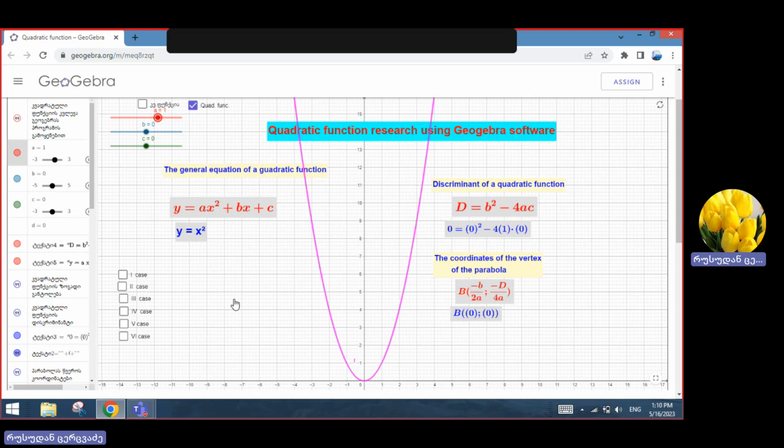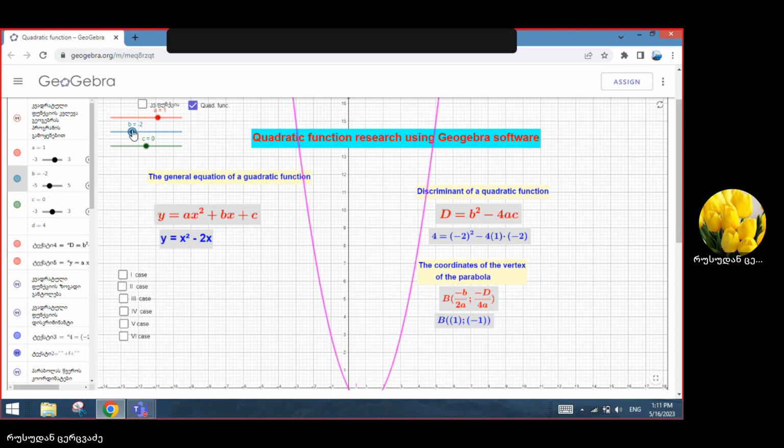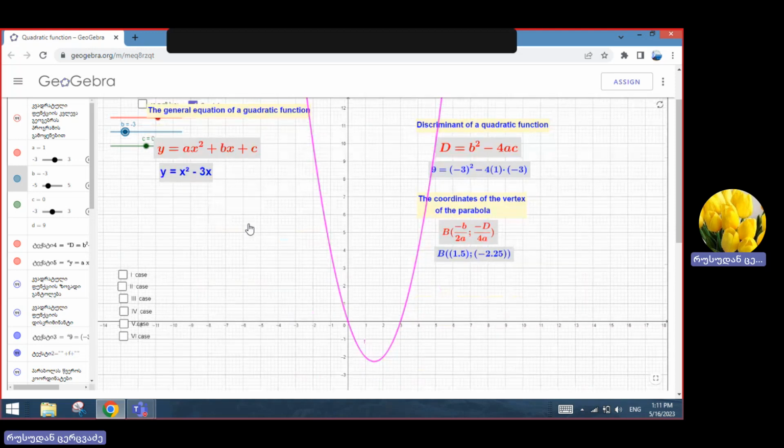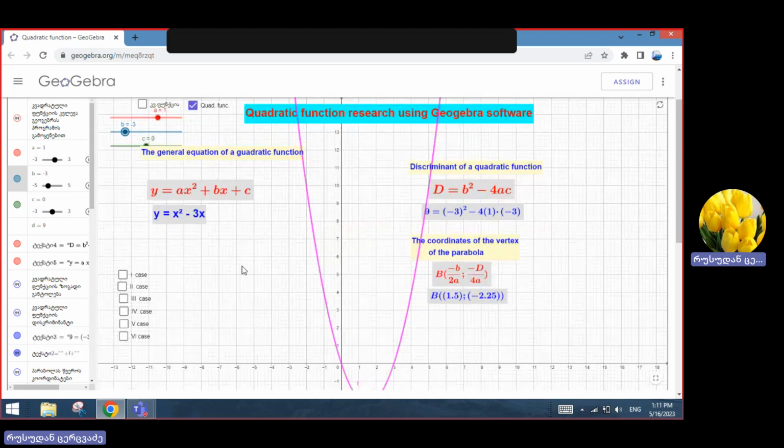B is less than 0. In this case, the graph will move to the right. B is more than 0, and in this case, the graph will move to the left.